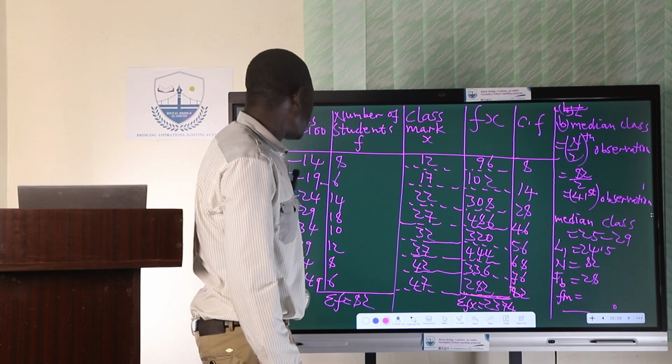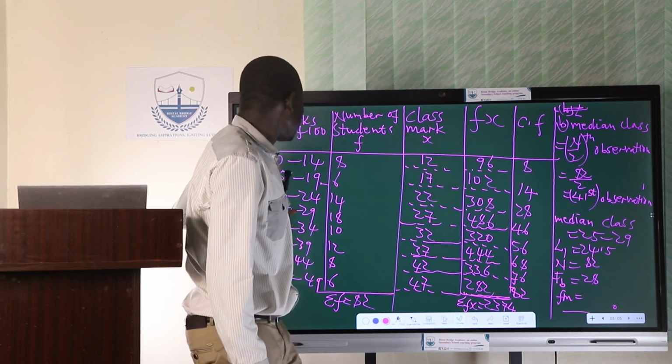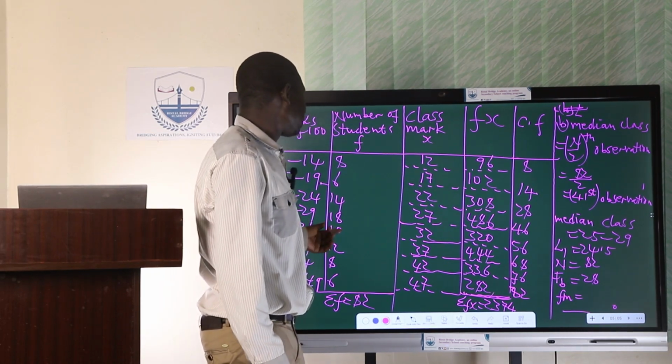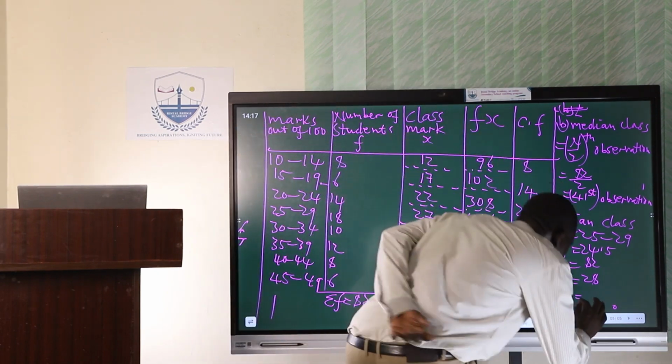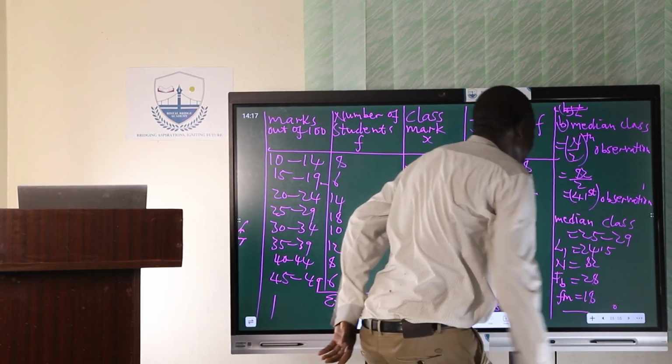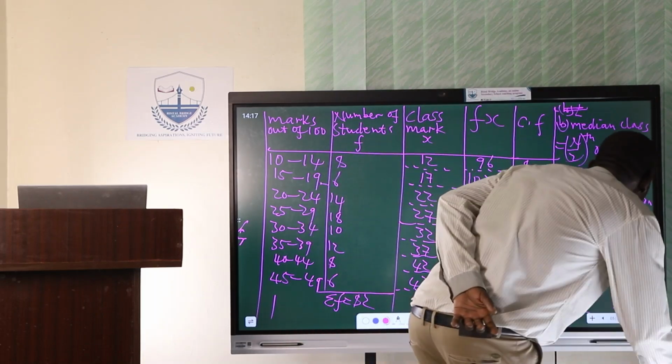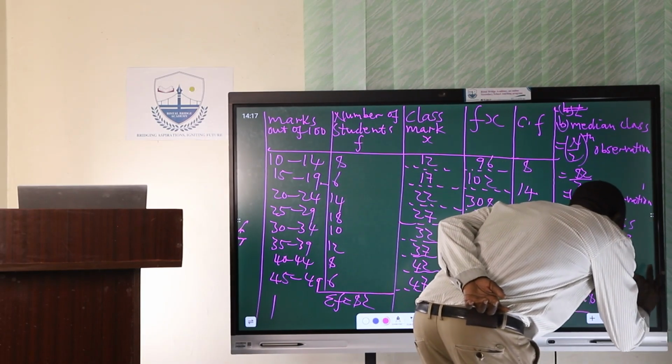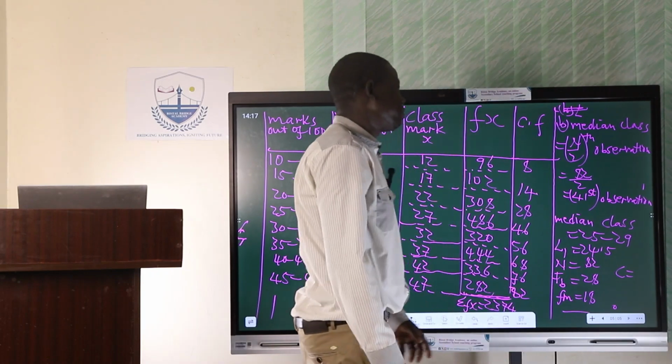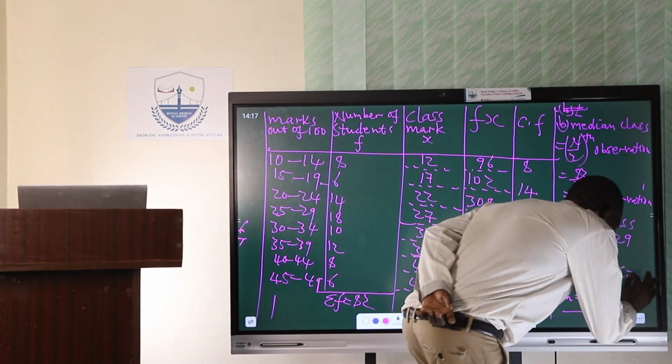In this case, our median class is 25 to 29. Its frequency is 18. Then also we write down the class interval C of the median class, which is 5.